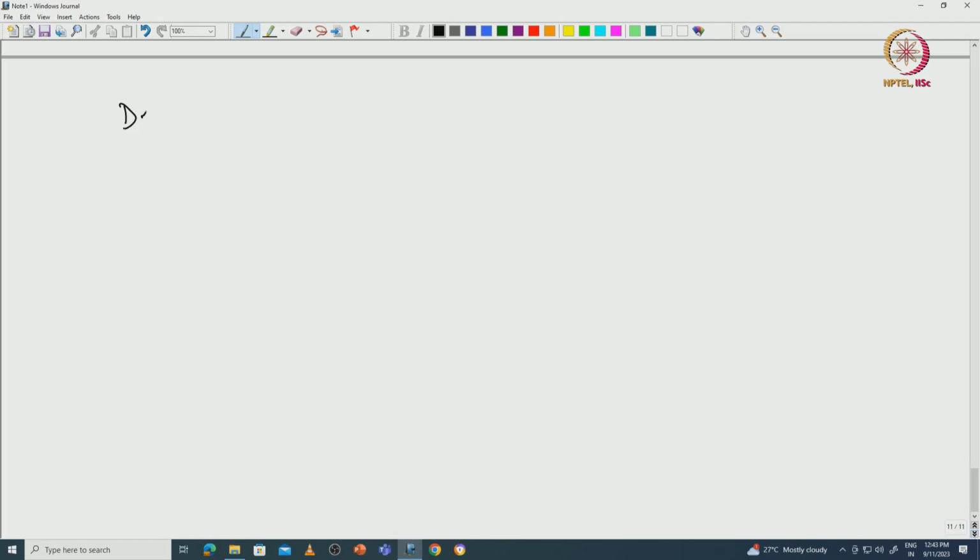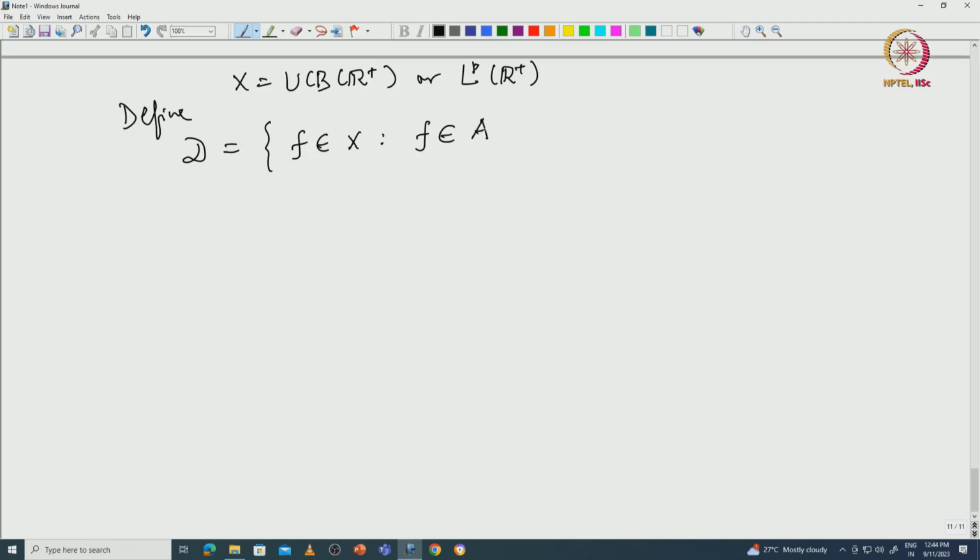So, define D: either X is UCB(R plus) or L^p(R plus), f is in X, f is AC loc, I will again define what this is, and f prime in X. Okay, so this is the space of locally absolutely continuous functions.